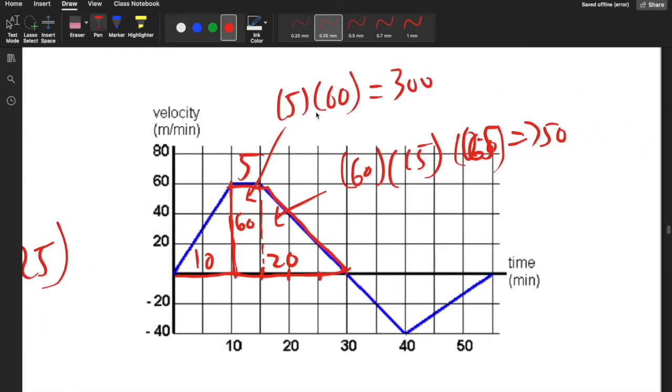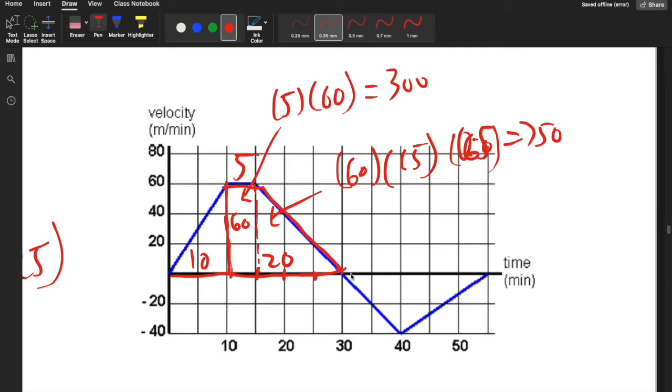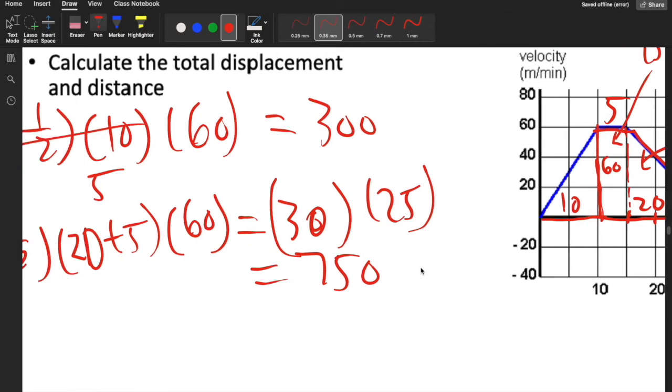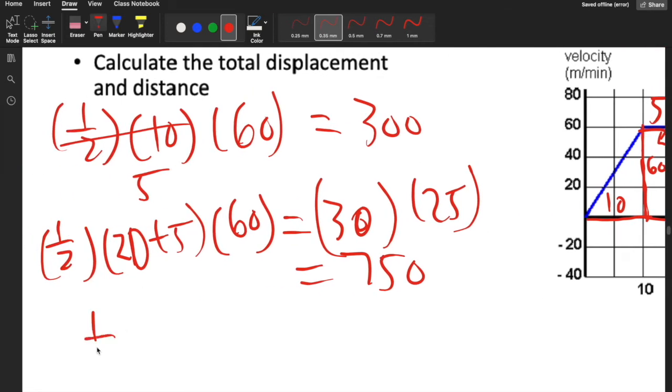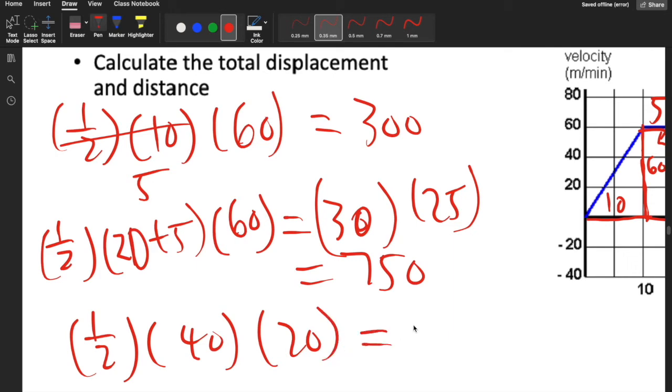And then let's calculate the area here. So here is 20, and here is 20, is 14. So the area here will be 14 times 20, 4, which is equal to 400.